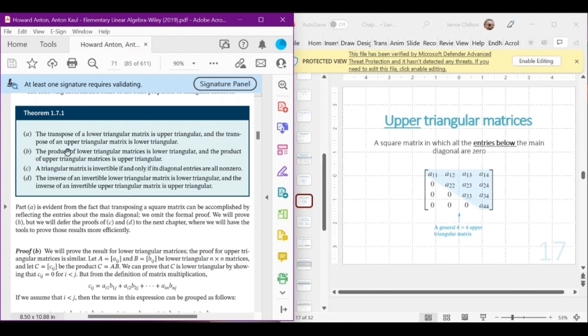No, this holds true if you're talking about two triangulars. It might not always hold true in the other case. The inverse of an invertible lower triangular matrix is lower triangular, and the inverse of an invertible upper triangular matrix is upper triangular. So its inverses will have the same properties as well. So these are all good to look at for true/false questions, stuff like that.